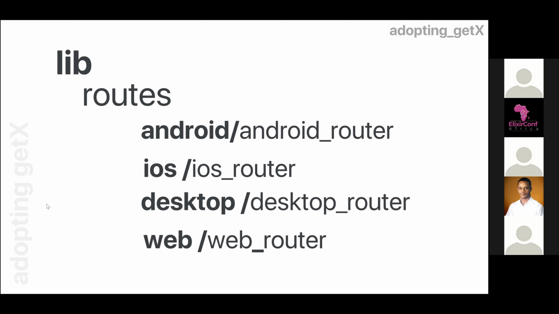So why do I use routes this way? This is a GetX thing. It's the way I prefer to organize my work, because with this it's easy for me to pass on the relevant theme. If it's Android, I can run an Android theme that customizes the app that way. I don't know if you've ever used cross-platform apps that feel Android-esque when you're on iOS, or feel iOS-esque when you're on Android.